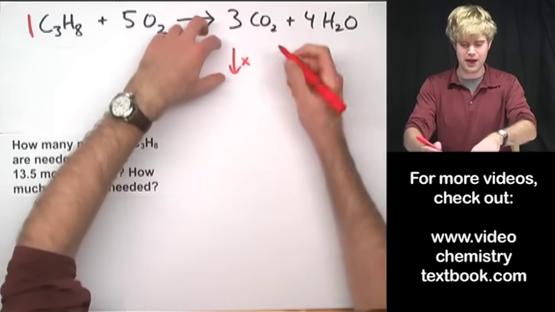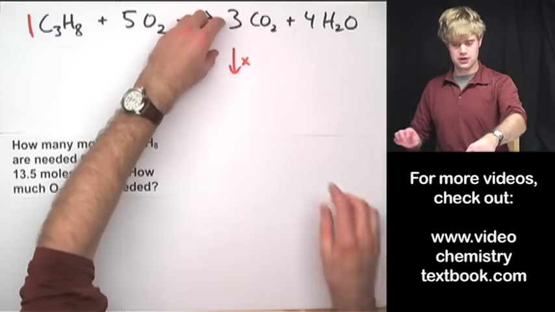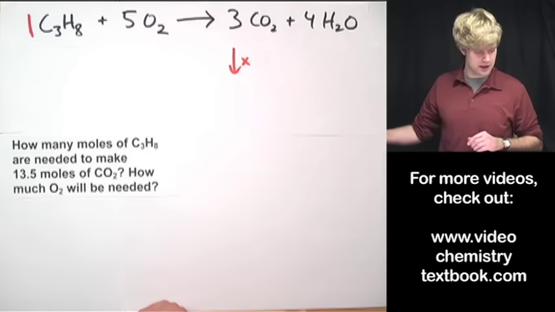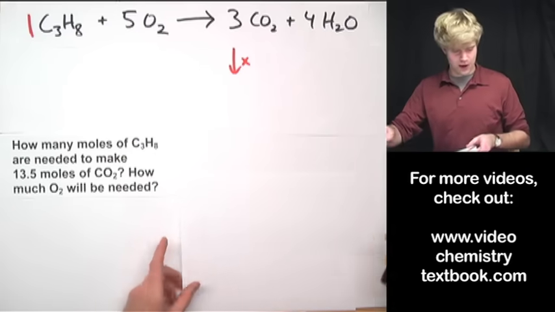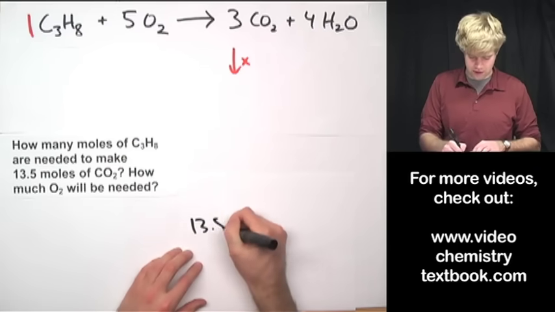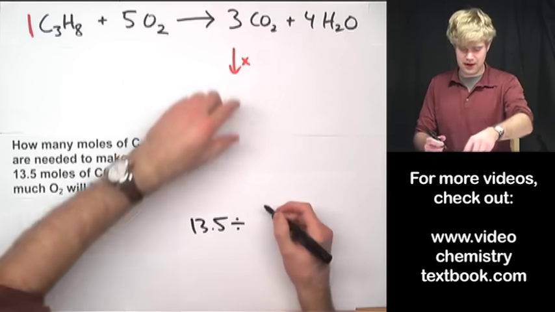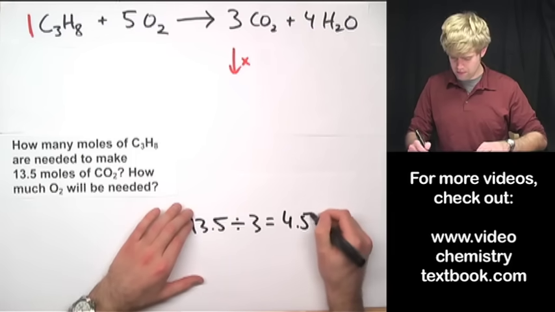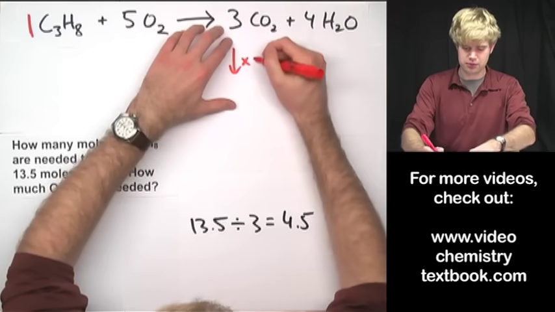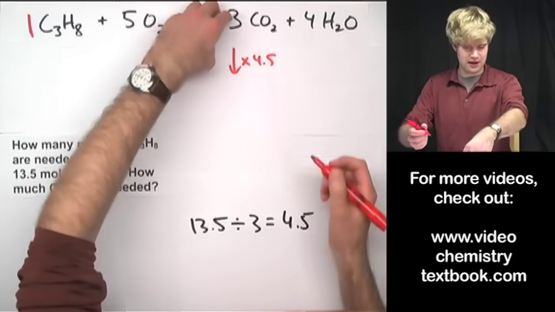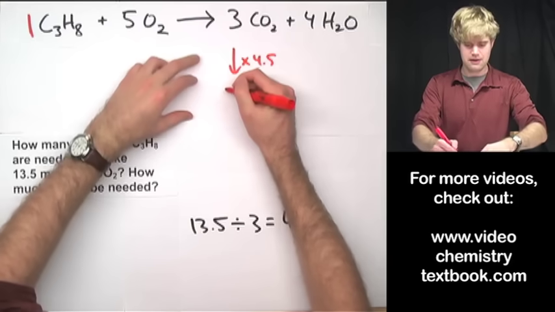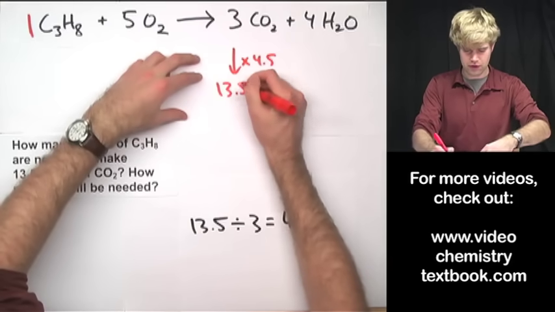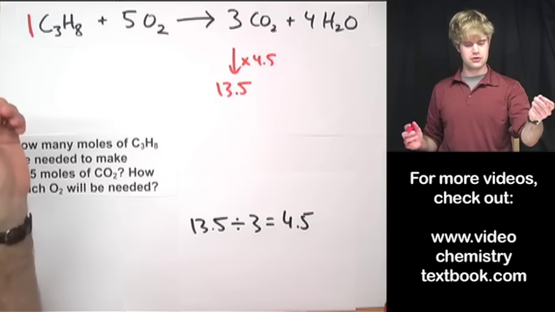We're going to have to multiply it by some number that's going to move it from 3 up to 13.5. And what I can do is I can do 13.5 divided by 3, and that's going to give me 4.5. So I can multiply this by 4.5, and that'll turn my 3 into 13.5 moles of CO2.